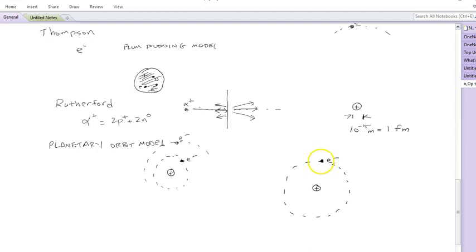Well, if it's taken away from the electron, the electron's going to slow down, but if the electron slows down, it's going to end up diving into this positively charged nucleus. Because in the planetary orbit model, what you say is you need a centripetal force. Yes, physics 1, coming back to haunt you.